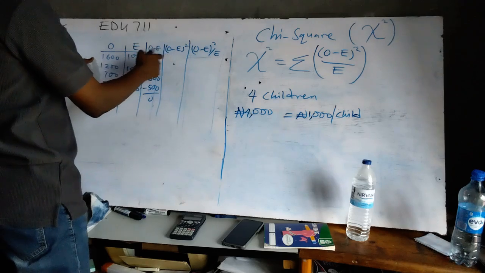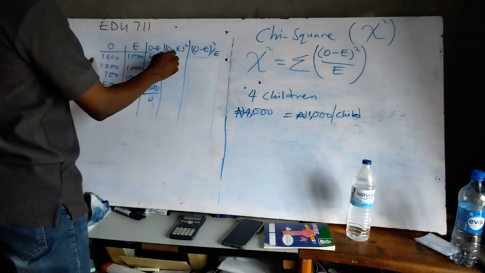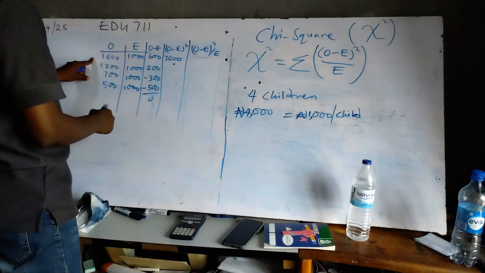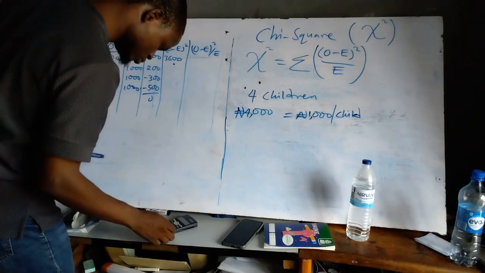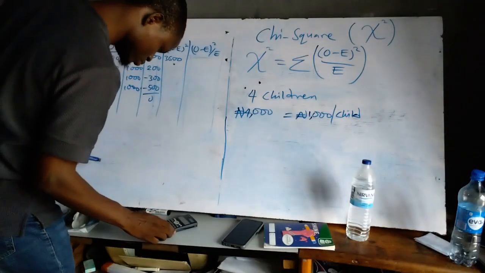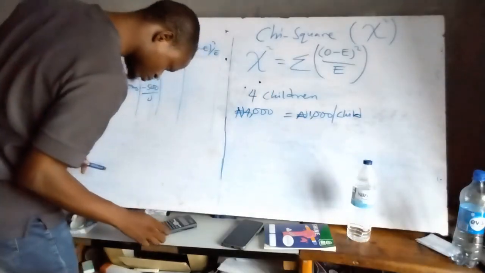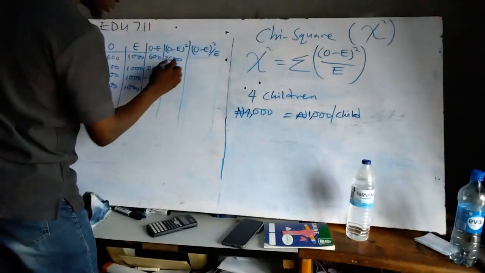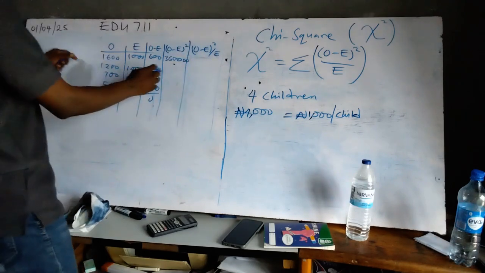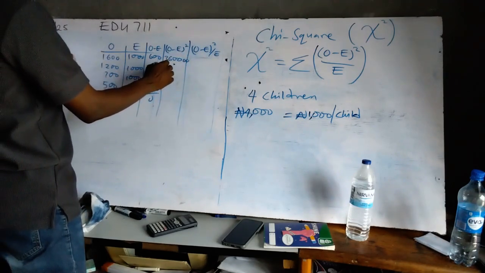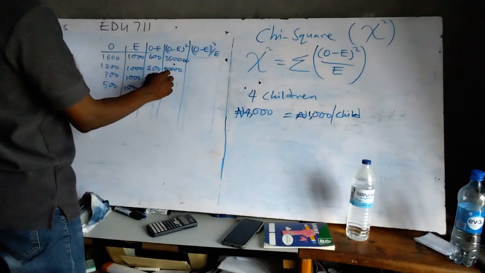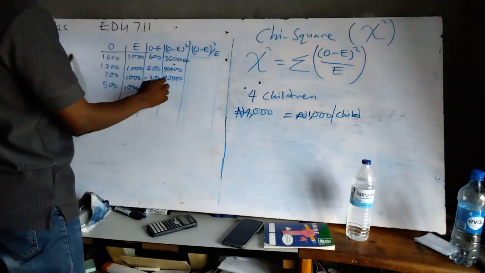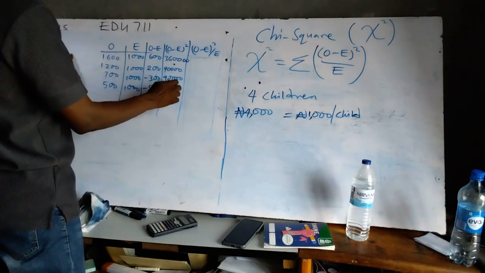So this squared will be 360000, and this square is 40000. This square is 90000, 250000.